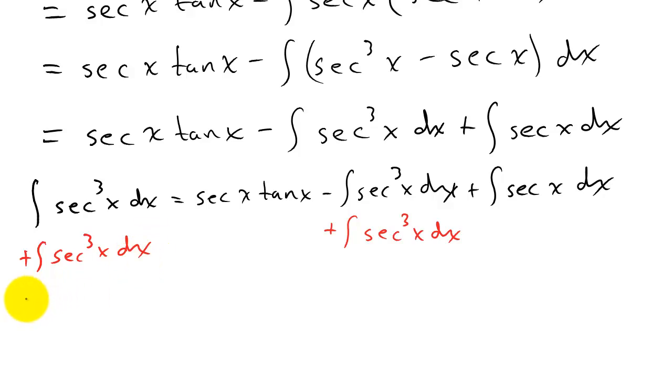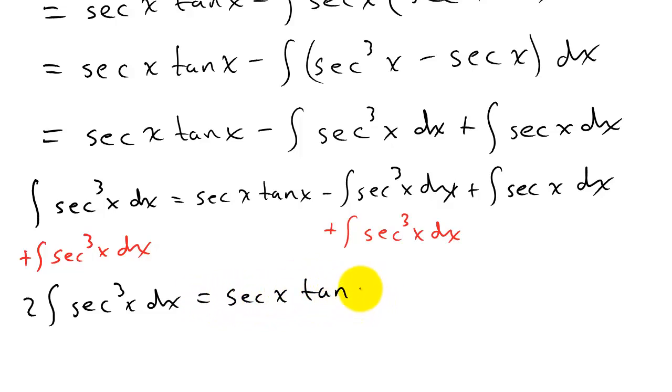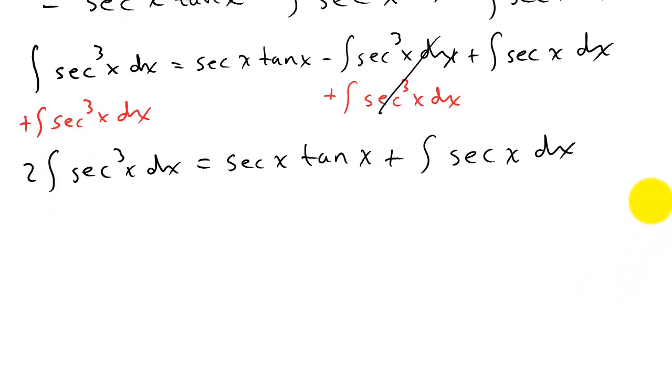Well, that's going to give me 2, because this plus this is going to be 2 times the integral of secant cubed x dx equals secant x tangent x, and then that's going to be plus, because these cancel out, plus the integral of secant x dx.